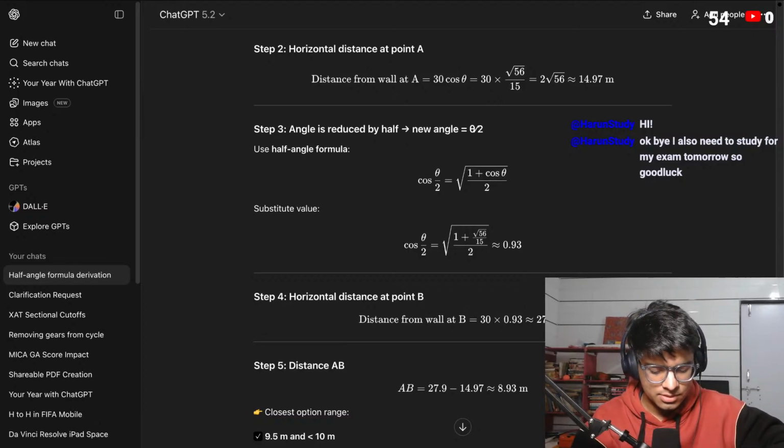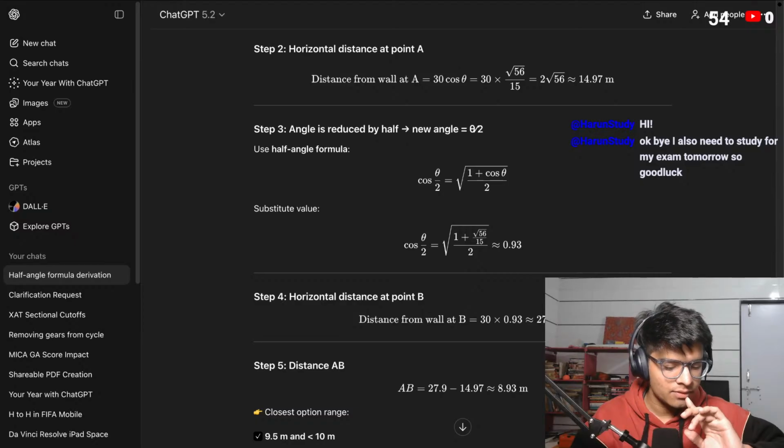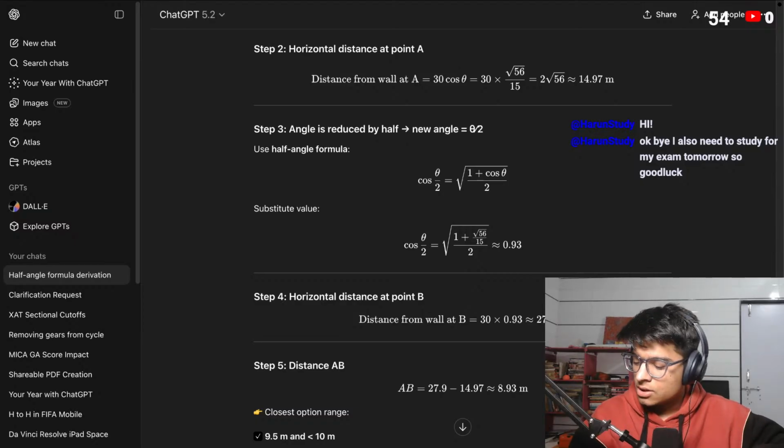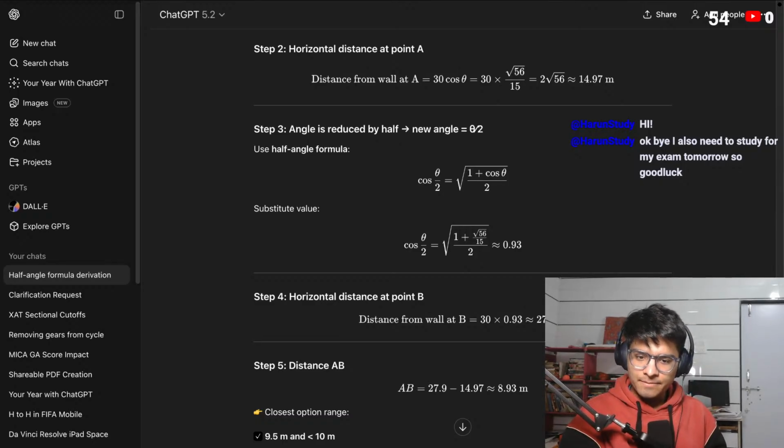Fifteen into 1.73 is 25.95. That is greater than 10 according to us, but distance from wall at B is 27.9.